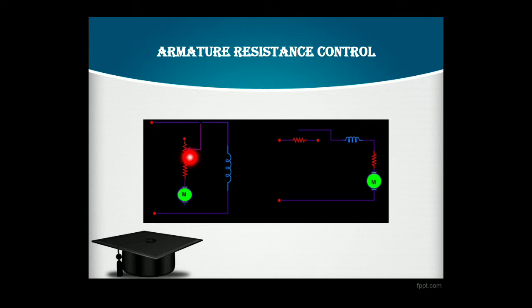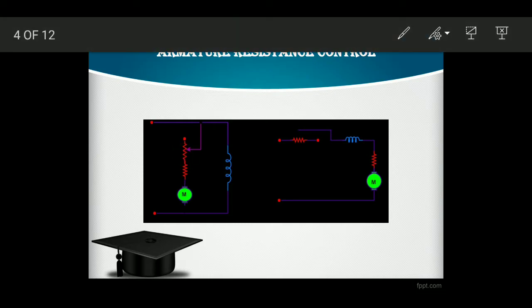You can see that in the previous slide. Here it is the shunt motor, this is the armature, and this is the variable resistance which is connected with the armature. If the current through the armature can be controlled by the resistance, then the speed can also be controlled.